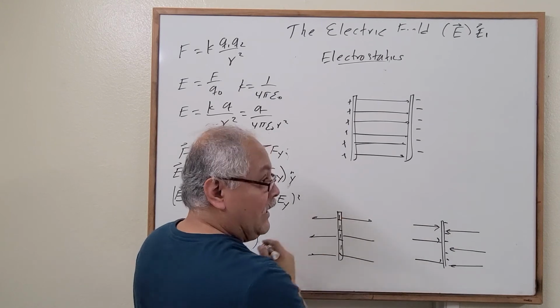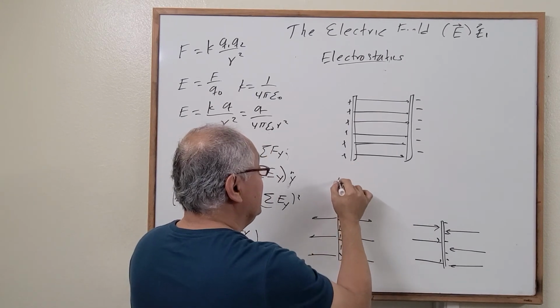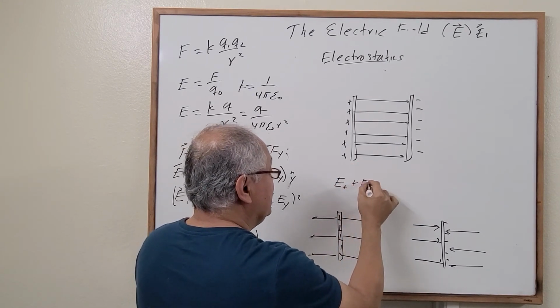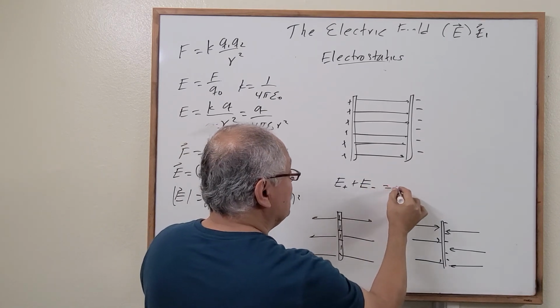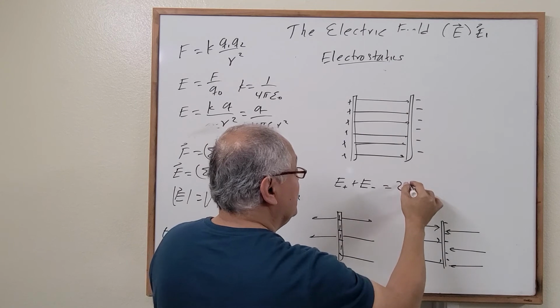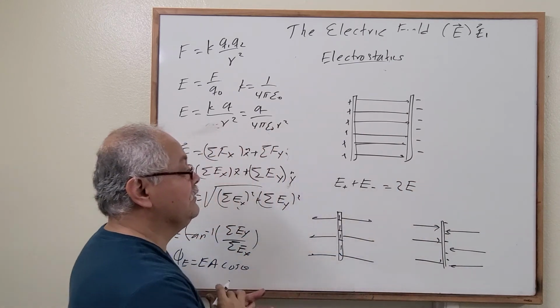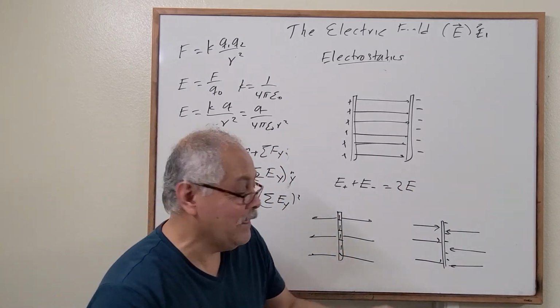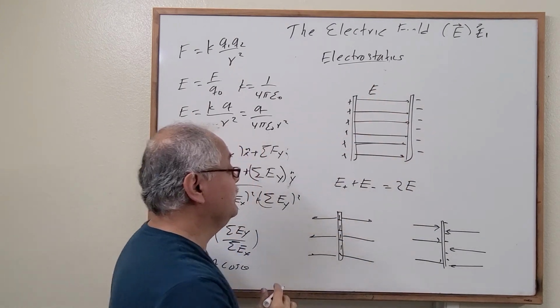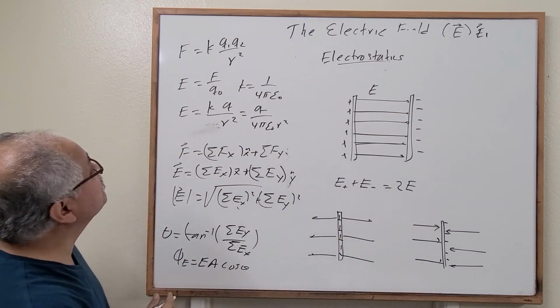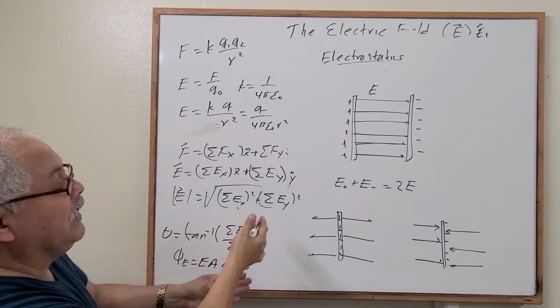So the total electric field inside is the electric field of the positive plate plus the electric field of the negative plate. But this is equal to twice, because they have the same charge, twice that electric field. But according to Gauss's law, what is Gauss's law? Oh my, I erased it.